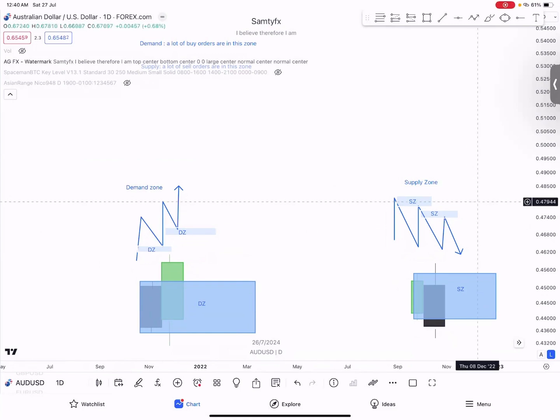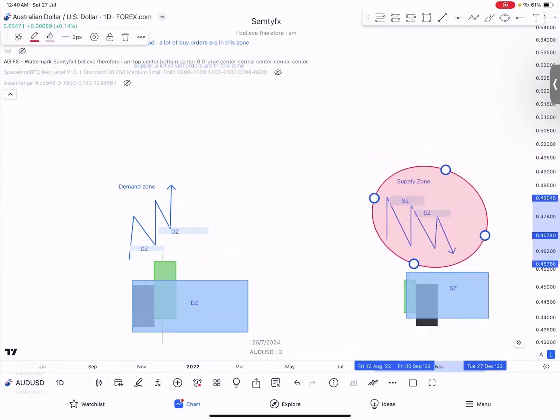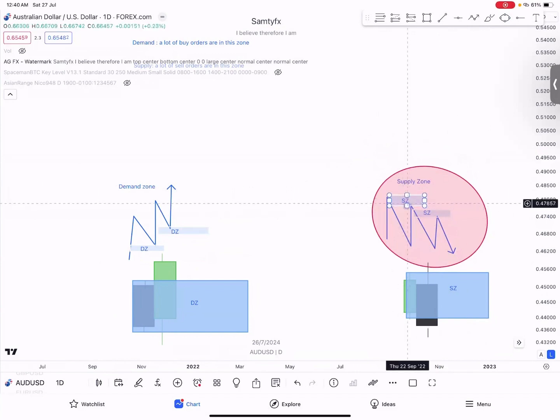But this right here is a downtrend market. For every point in time, you will see where I mark DZ and SZ. DZ means demand zone, SZ means supply zone. Every time the market comes into this zone, the market sells further.